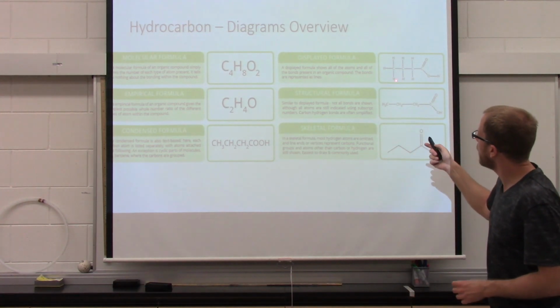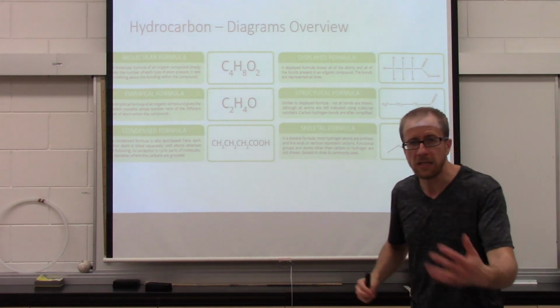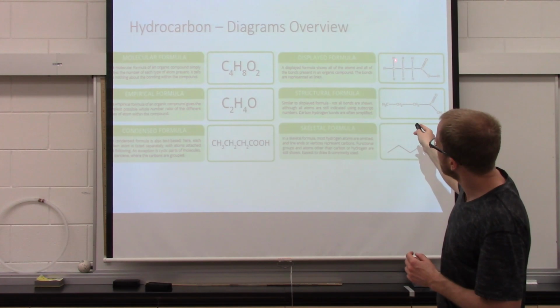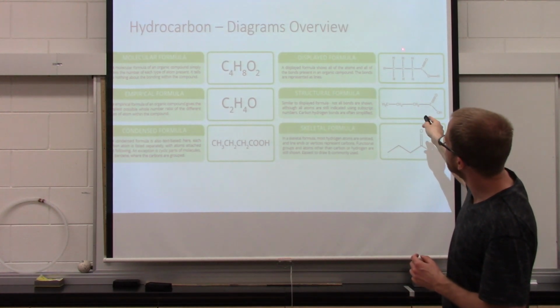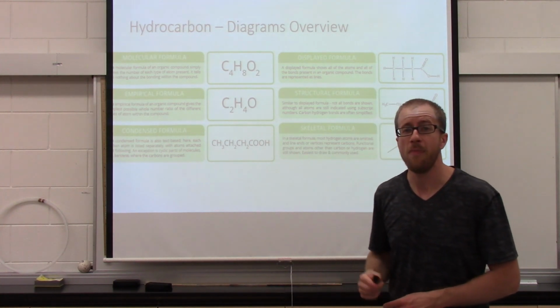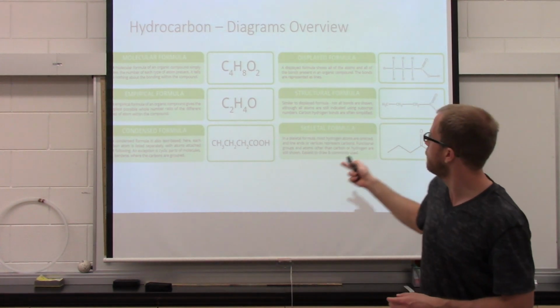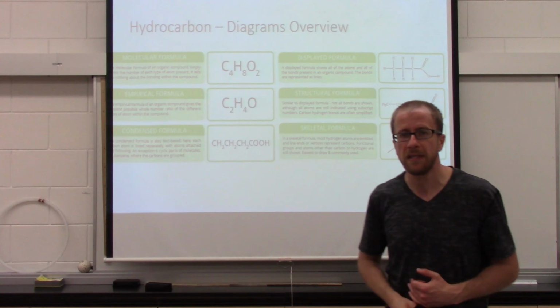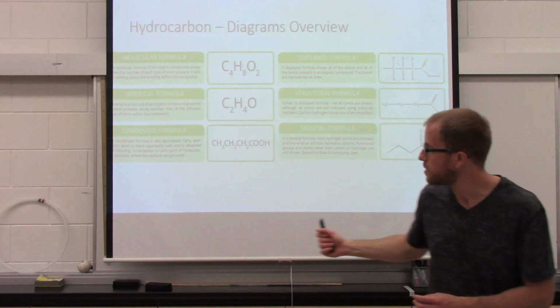Then you have displayed formula or complete structural formulas. Again, a little bit more inefficient because you're drawing out every single covalent bond, and that's what those lines mean. Every single one of these lines represents a pair of shared electrons.